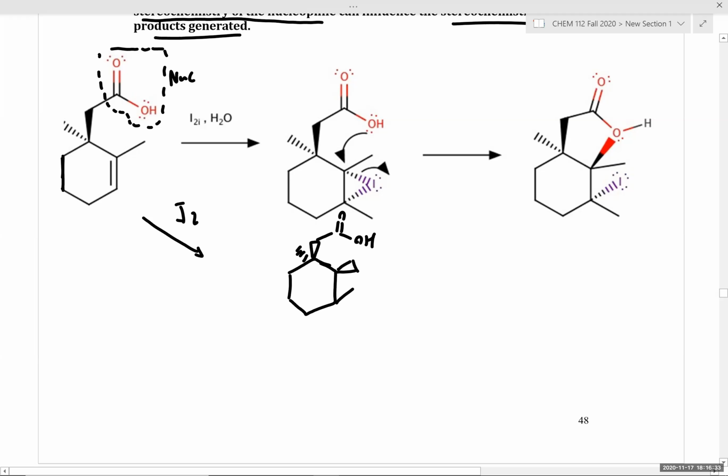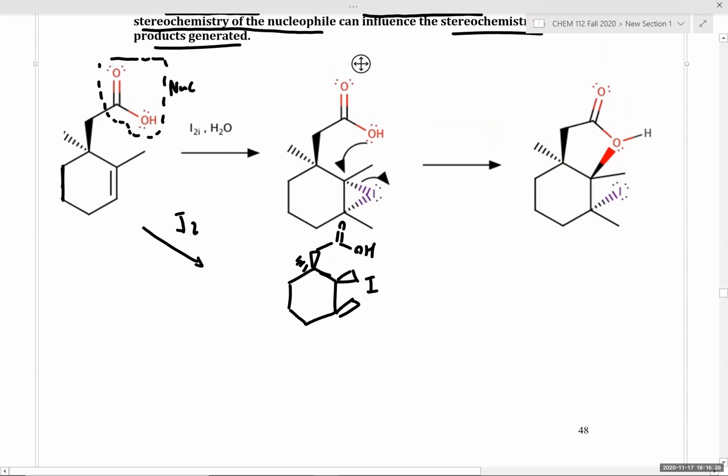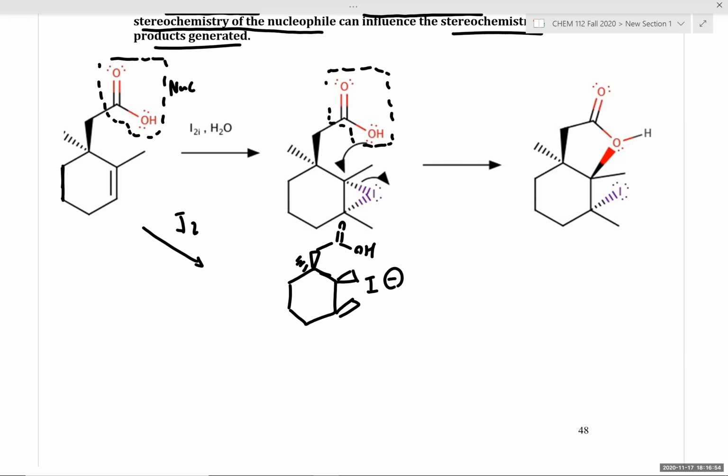Okay, so we have two choices at play. Now, my question to all of you is, looking at our nucleophile, what face is our nucleophile present on? Is it on the top or bottom face of our molecule? Looking at its stereochemistry, it's on the top face.